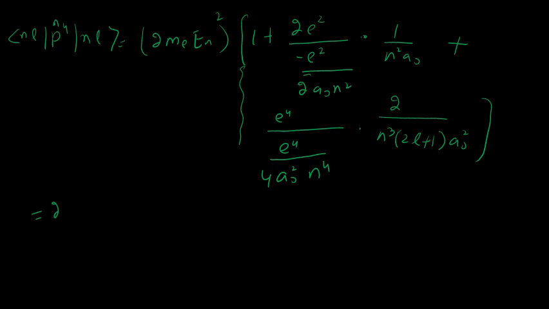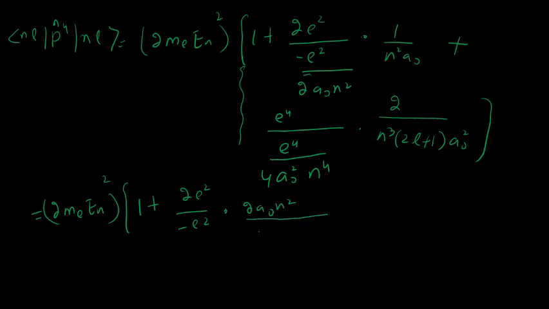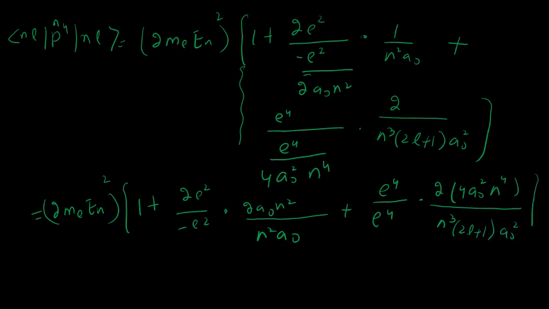So I can write it as 2me En squared into [1 plus 2e squared divided by minus e squared, into 2 a naught n squared, divided by n squared a naught, plus e^4 divided by e^4 into 2 into 4 a naught squared n^4 divided by n cubed into (2l plus 1) a naught squared]. Now I can cancel out these values: n cubed by n^4, a naught squared by a naught squared, e squared by e squared, and n squared a naught by a naught.